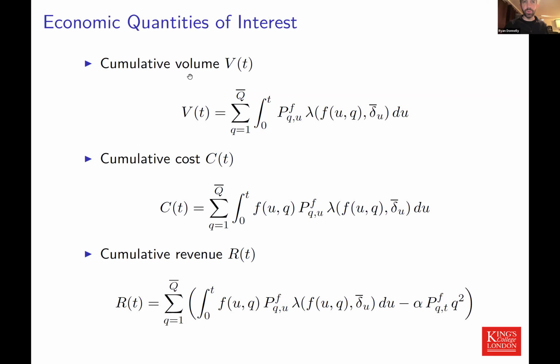We're calling the first one cumulative volume. This represents the total mass of inventory that moves from the sellers to the buyers. In the original version of the model with finite players, everything was very discrete, and individual units of the asset would move from the seller to the buyer.